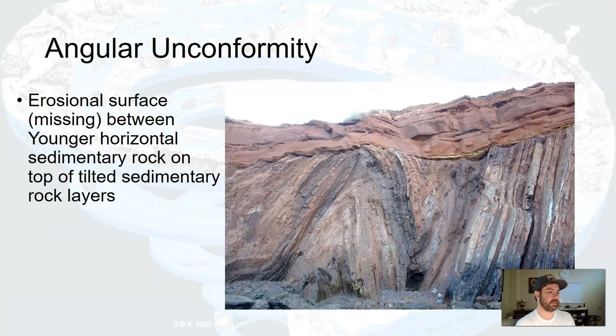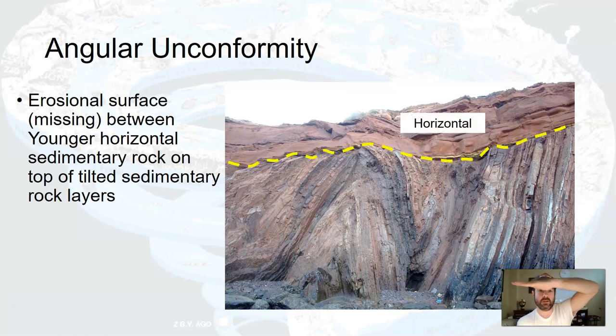And then the third is an angular unconformity. This might be the easiest to recognize. So we have another one of these erosional surfaces. Something was weathered and eroded down to leave what's known as an erosional surface. There's missing information between this younger horizontal sedimentary rock above and this very much tilted and folded sedimentary rock below.